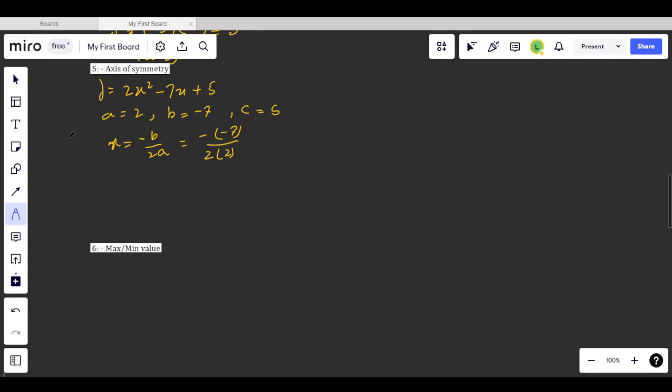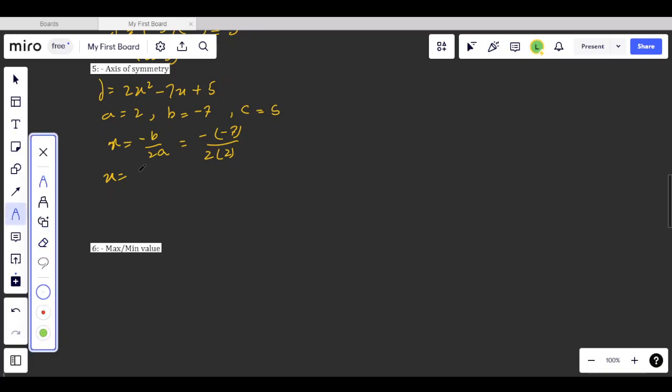Simplifying this, x is equal to 7 divided by 4. So this is the axis of symmetry. The axis of symmetry for a parabola is the line about which the parabola is symmetrical if we flip it over.